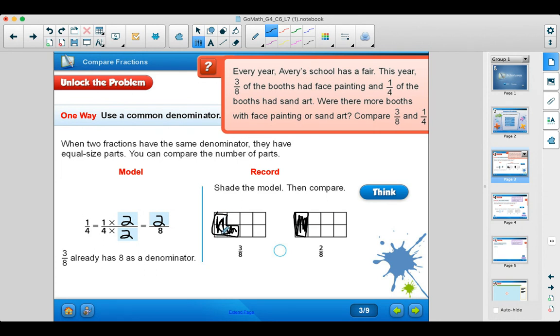Now it's very easy to see that 3 is greater than 2. Please make sure you complete this in your GoMath book on page 365. Okay, let's go to the next page.